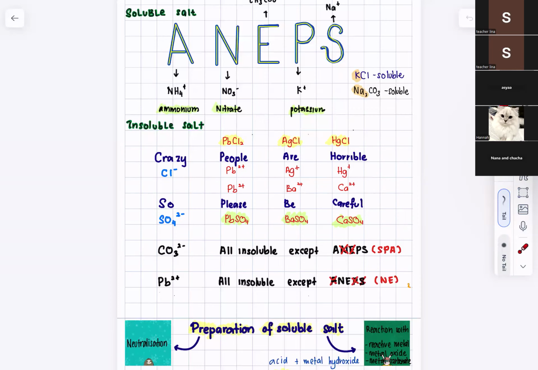Lead II iodide, soluble or insoluble? Insoluble. Calcium sulfate, soluble or insoluble? Insoluble. Sodium chloride, soluble or insoluble? Soluble. Okay, all right.